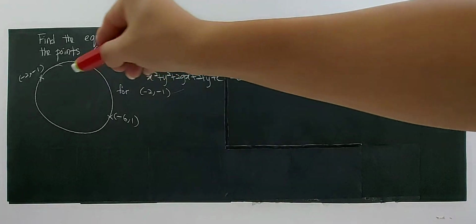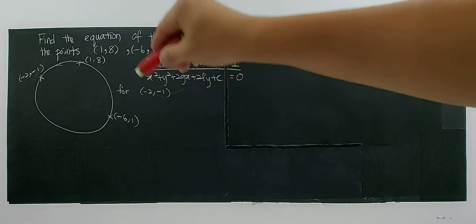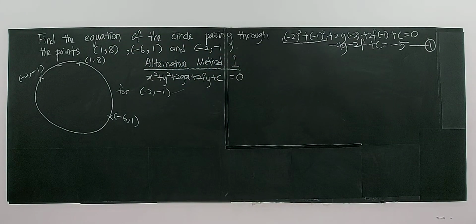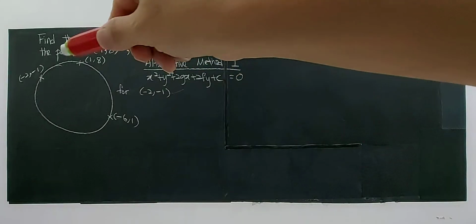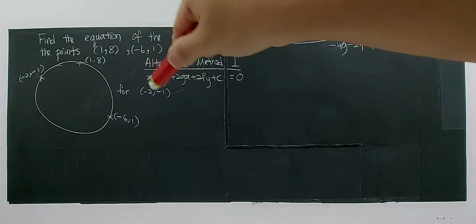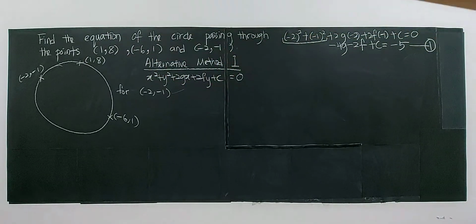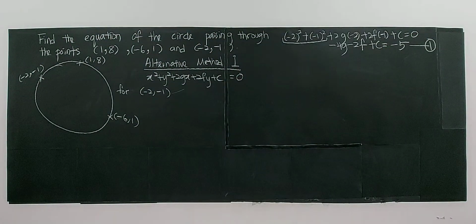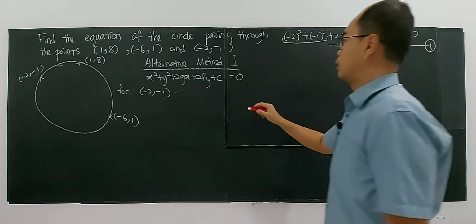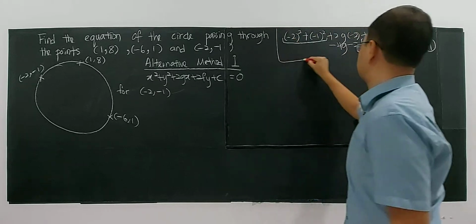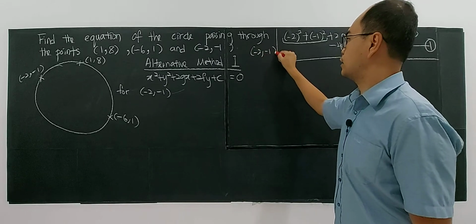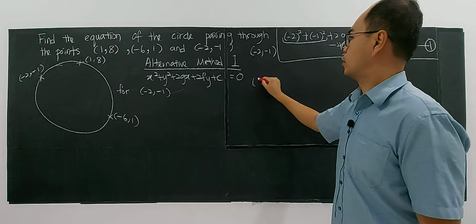Secondly, this circle is also passing through the point 1, 8. I can substitute the x and y values into the equation of the circle because this point is on the circle. So now we're going for the point 1, 8.